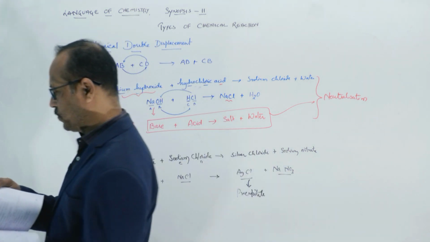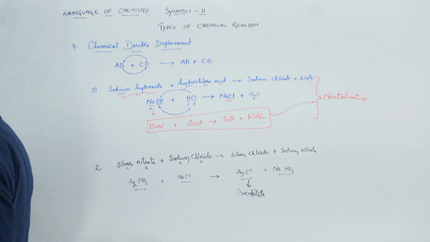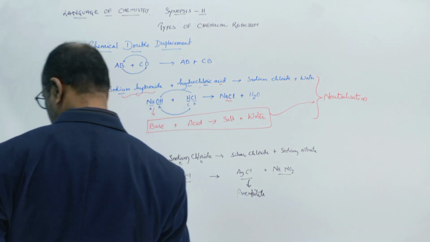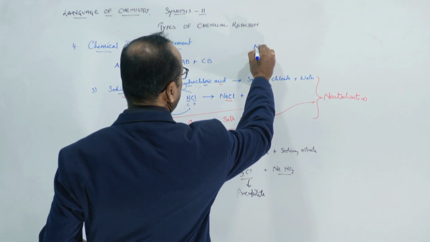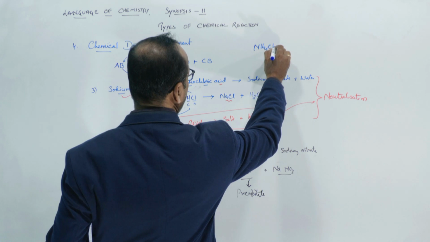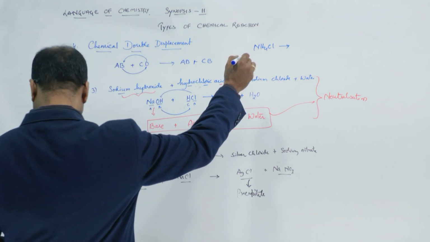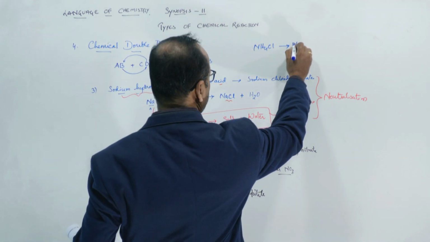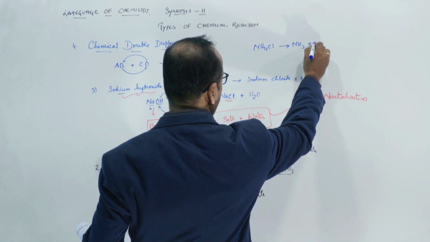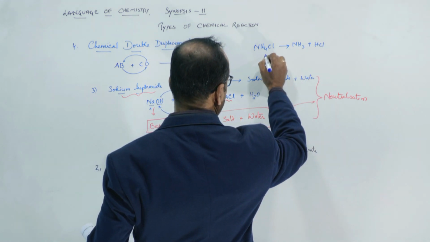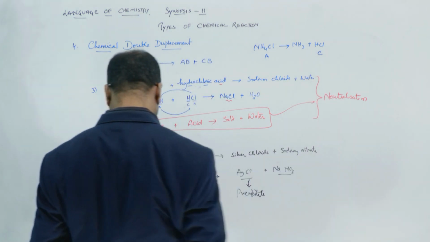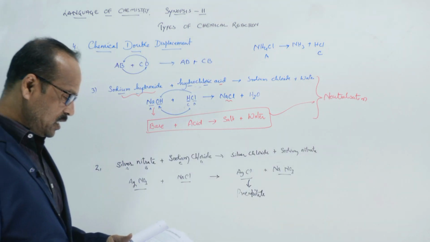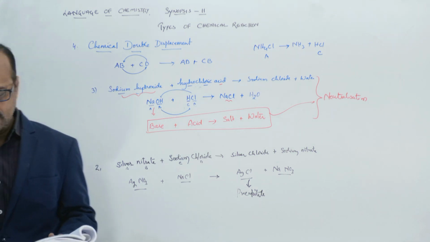I'll write this equation for you. The reaction should be like this: ammonium chloride NH4Cl is decomposing into NH3 plus HCl. So this is our A, this is C, A, B, C. So like that, 2 is the right answer, students.